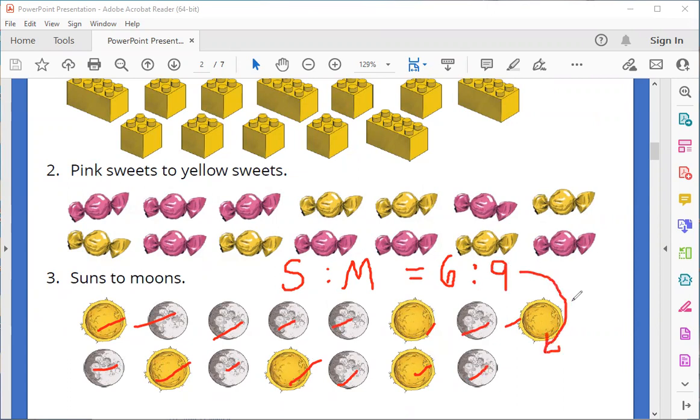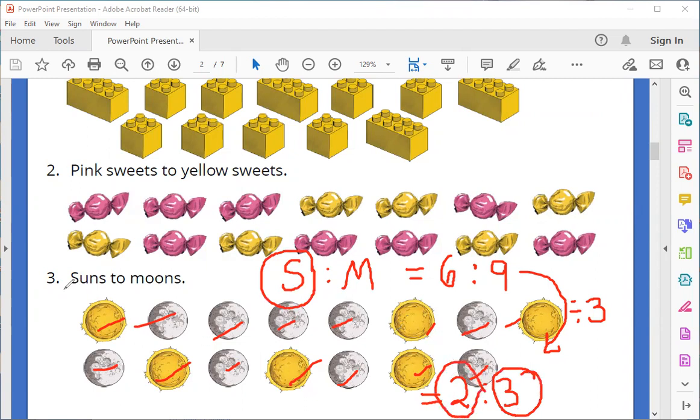Simplify this by dividing with a number that can be divided by both 6 and 9. That would be 3. So now you'll have 2 to 3. That means for every 2 suns, you have 3 moons.